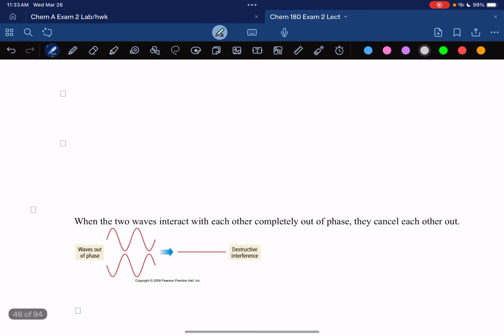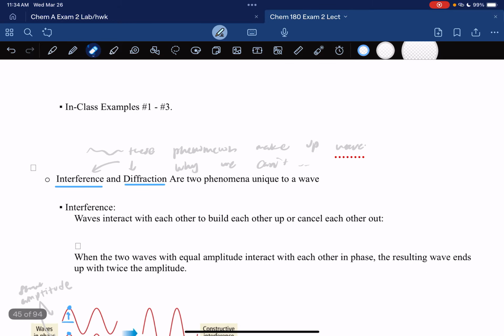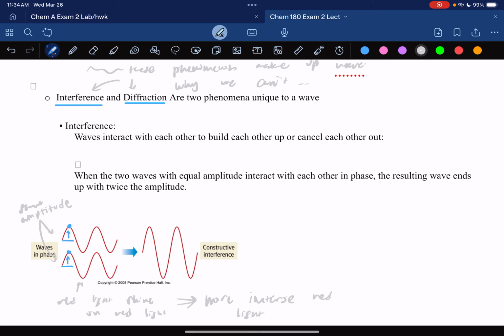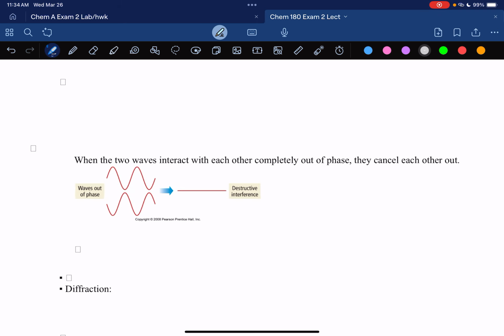Now, what if they come out of phase, meaning they are completely out of step? So you have the peak aligned with the valley. If those two have the same amplitude, same intensity, what does that mean? They completely cancel each other out.